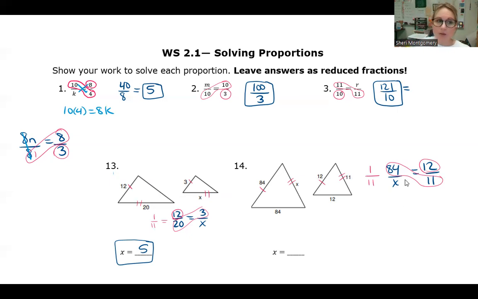It would be the same exact answer if I put it like this and they would be flipped. X over 84 and then 11 to 12. You would still get the same answer. That's what I got.